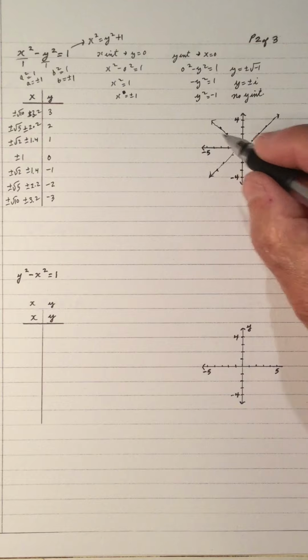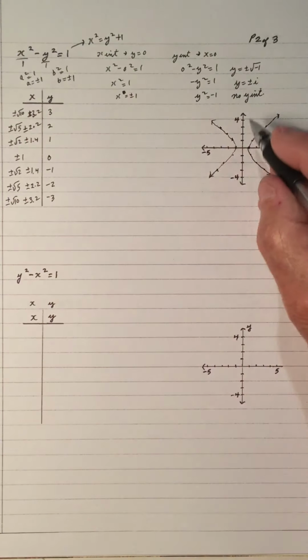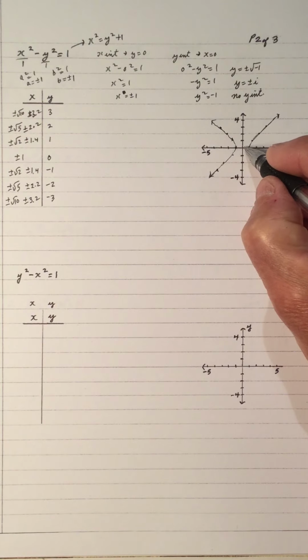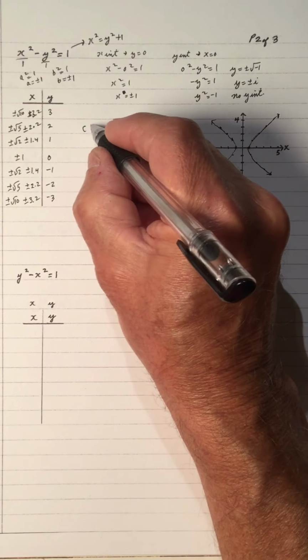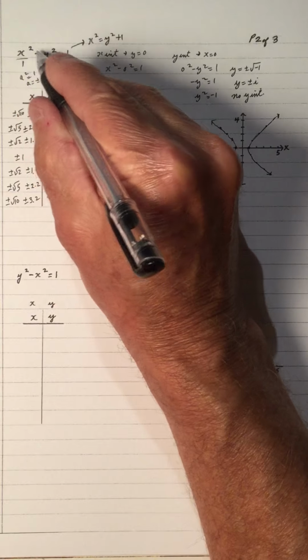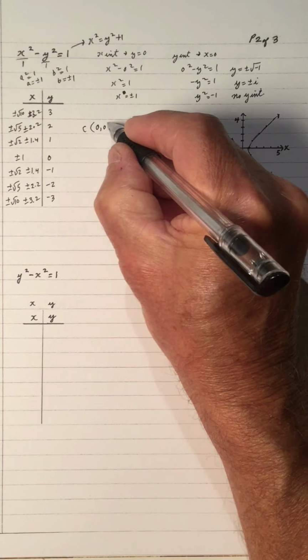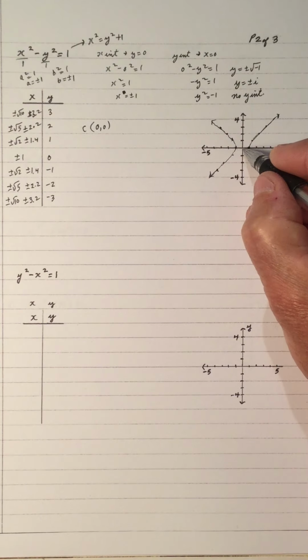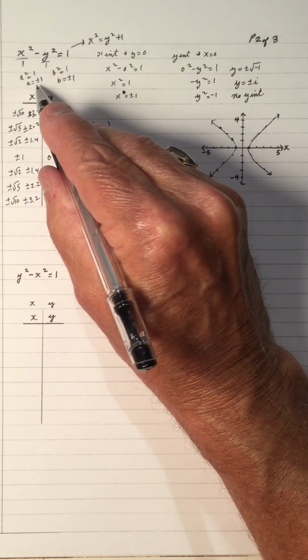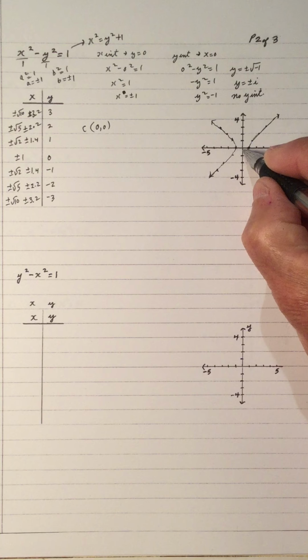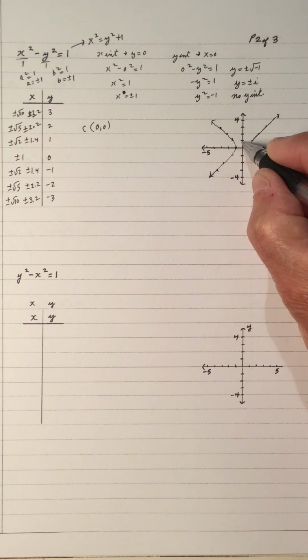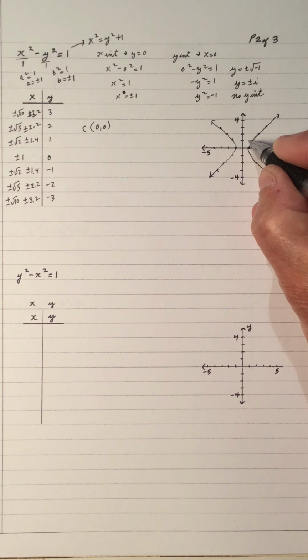Notice that this is 1 and 1. The center of this hyperbola is 0, 0. If you take the horizontal stretch to be 1 and the vertical stretch to be 1, and you go up 1, right 1, you get this point here.